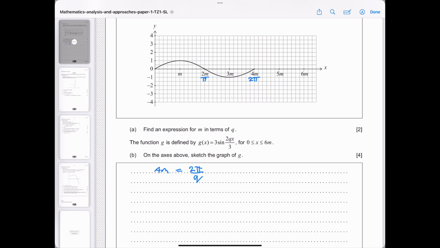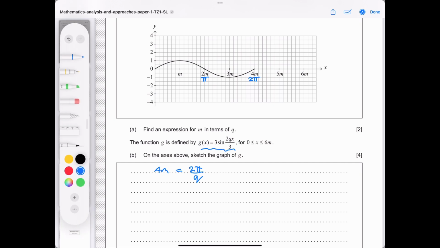Okay. Now, on the axis above, sketch the graph of g. Now g is 3, so that means it'll go as far as here and as low down as there. And then it's 2/3 qx. So if it's 2/3, we're actually stretching it by the reciprocal.